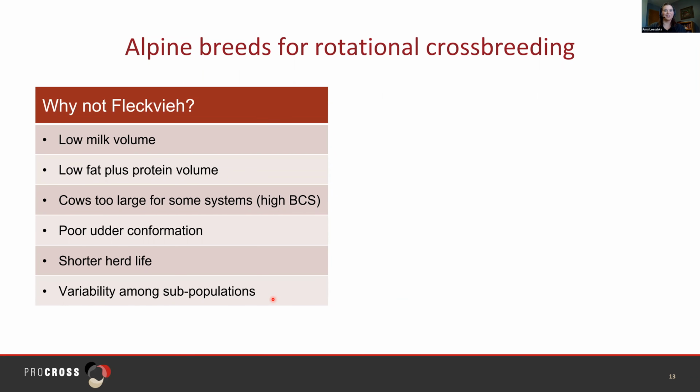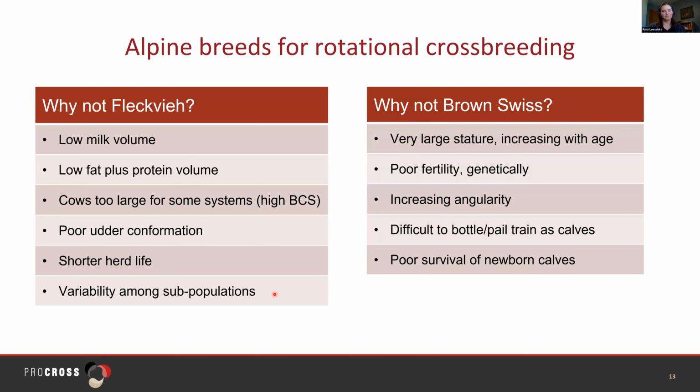That's why in chickens and pigs, and in corn too, or maize, crossing inbred lines works so well for all of those other species and organisms. So this variability could be a drawback if you're not very careful about which Fleckvieh line you're selecting.